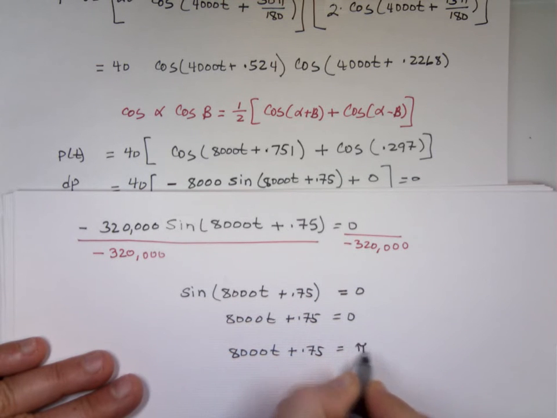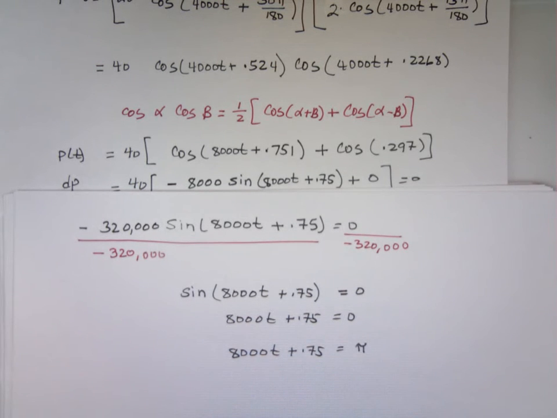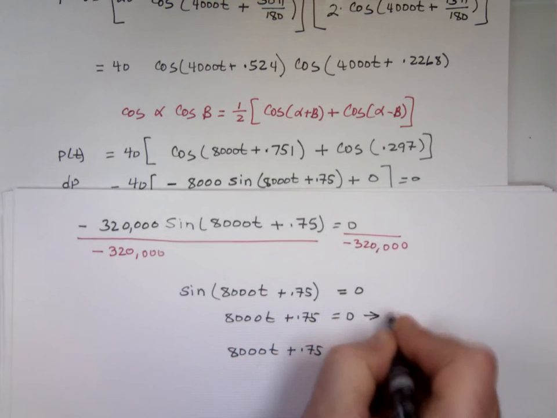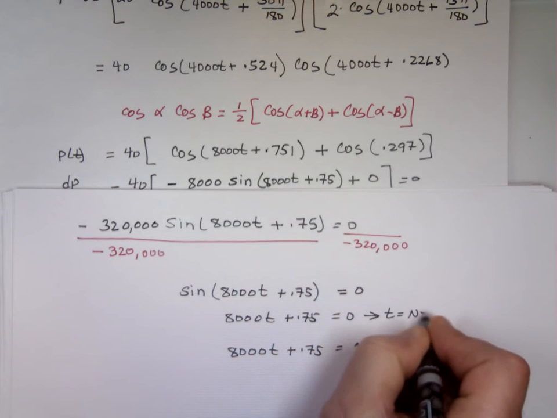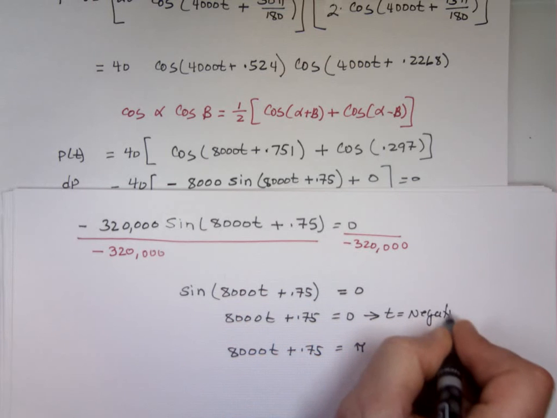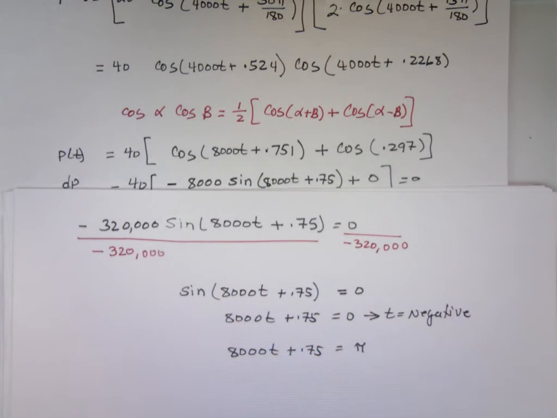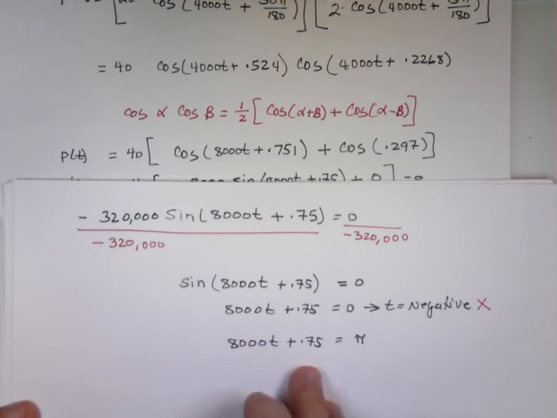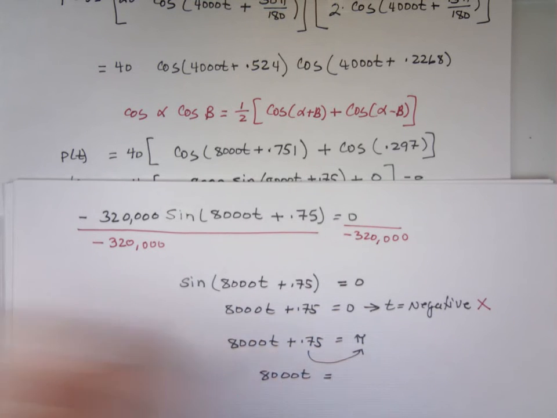This can't be the top one. Why? Because t will be a negative number when you solve for t, and that's impossible. The time can't be negative. So you take this and set it equal, moving that 0.75 over: pi minus 0.75.